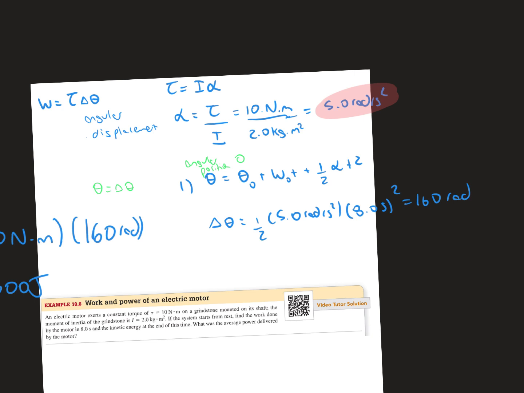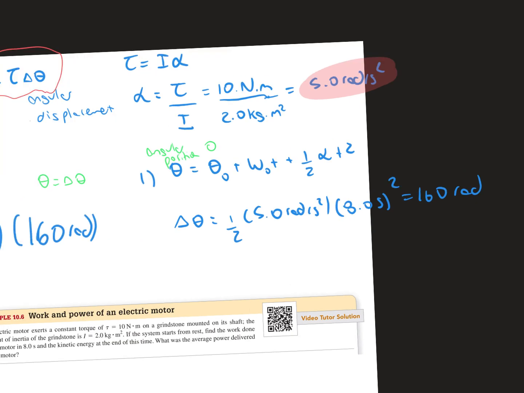Now that we have the angular acceleration, we can solve for delta theta, the angular displacement, which at the end is going to help us find the work with this formula. There is a formula that says the angular position is equal to the initial angular position plus the initial omega times time plus 1/2 the angular acceleration times time squared.